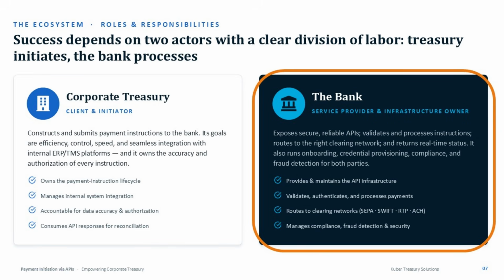Then the bank processes the payment and sends it towards the correct payment network. The bank also sends status information back to the corporate client. This is when Treasury receives that status information from the bank.